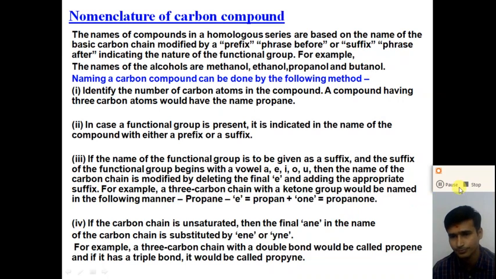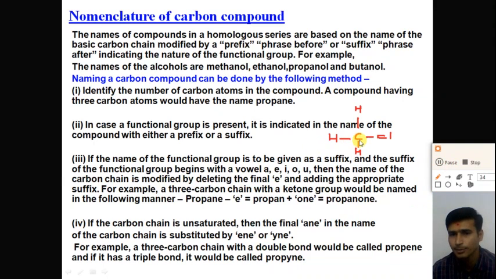Like this, the carbon atom makes single covalent bonds with hydrogen atoms, and the carbon atom is connected with a chlorine atom. So here, the first step is to identify the number of carbon atoms. In this structure only a single carbon atom is there, so its name would have methane, right?